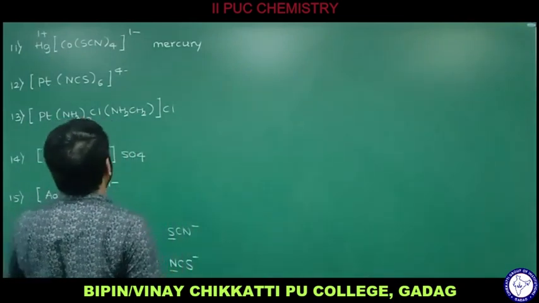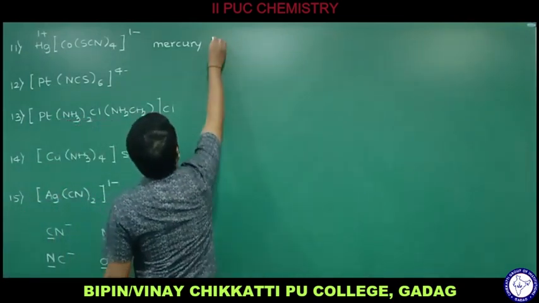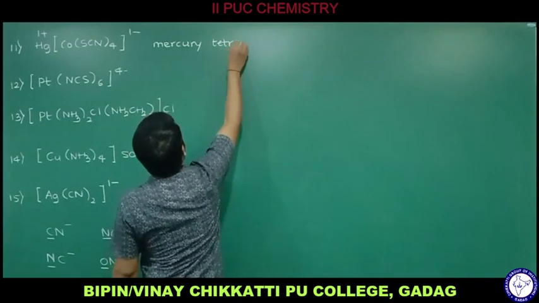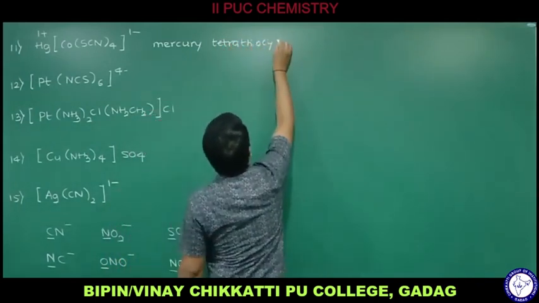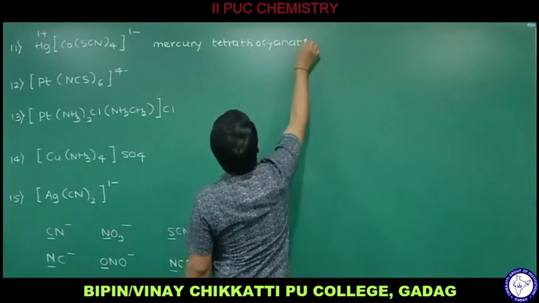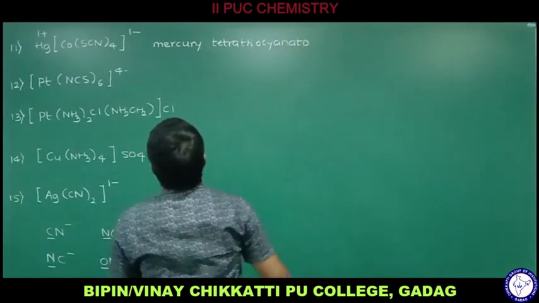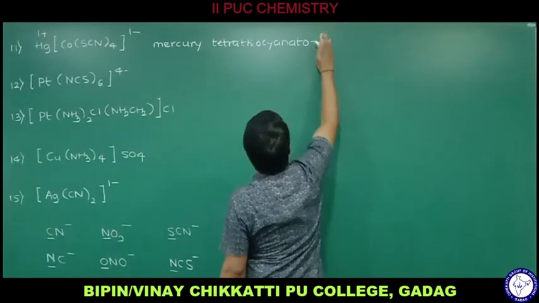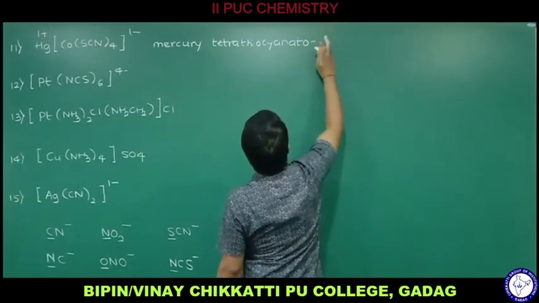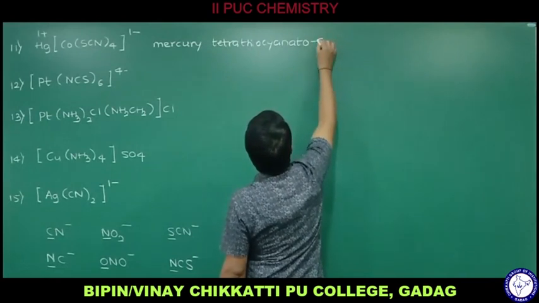So mercury and SCN minus, we have 4 ligands. Therefore mercury tetra thiocyanato. Sulfur will be the ligating atom. Therefore I write S, because they have written in the fashion of SCN minus, meaning the sulfur will be the ligating atom.